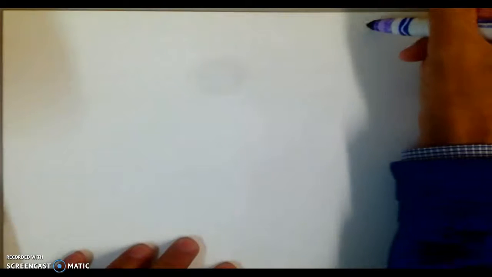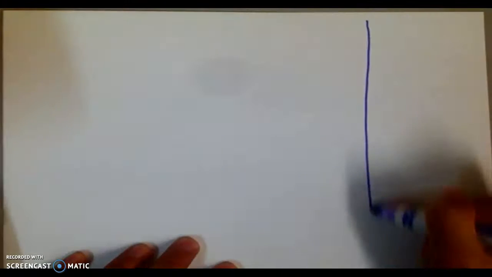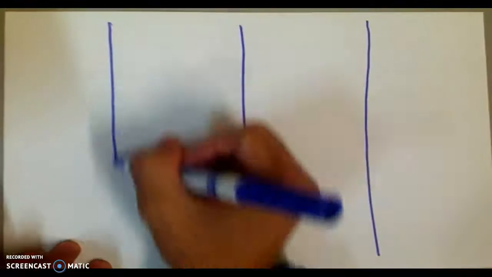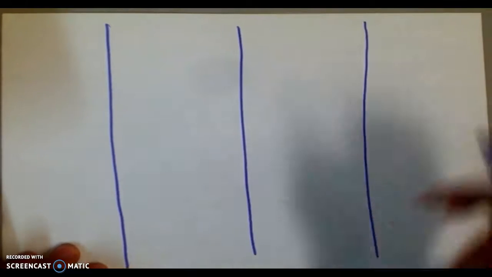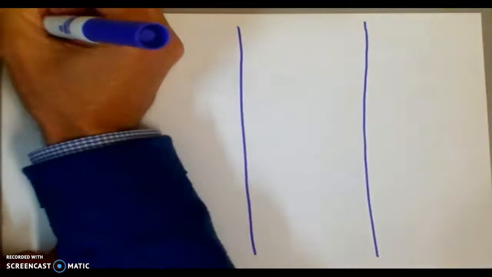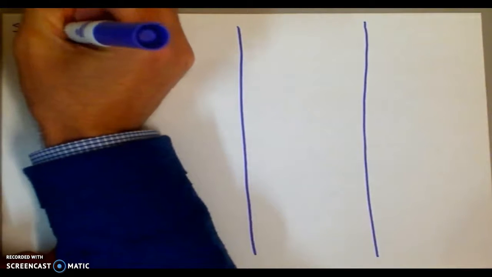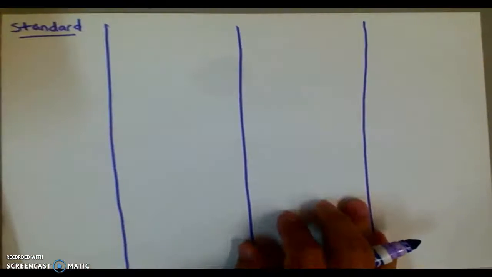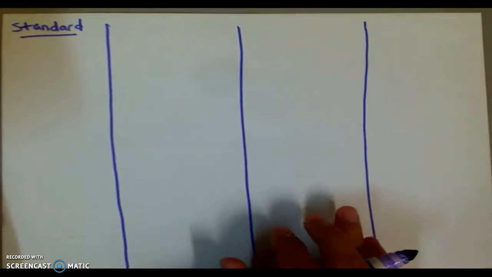Okay, all right. So what I want you to do on this piece of paper, because this is what you'll be doing, is draw 3 lines. So one, space them out, 1, 2, 3. Okay, at the top over here, I want you to write standard. And remember, you can pause the video anytime you feel like if I'm going too fast.